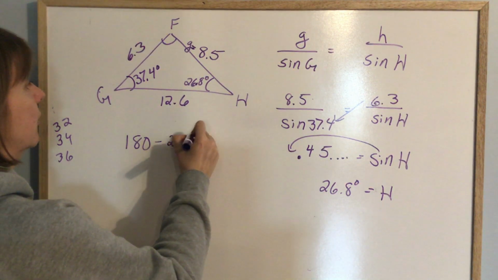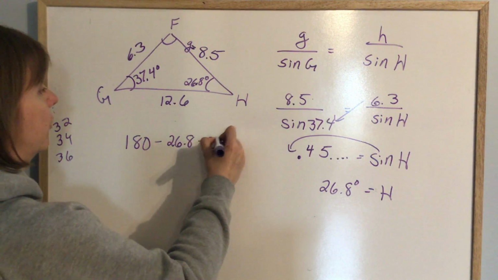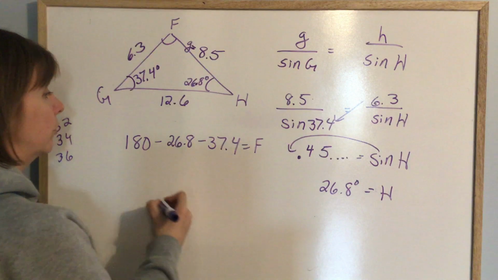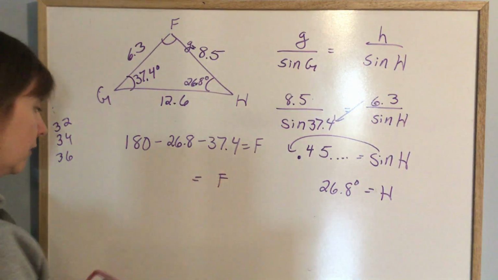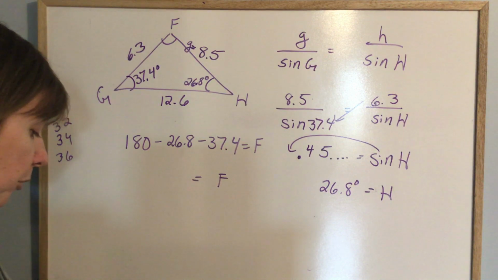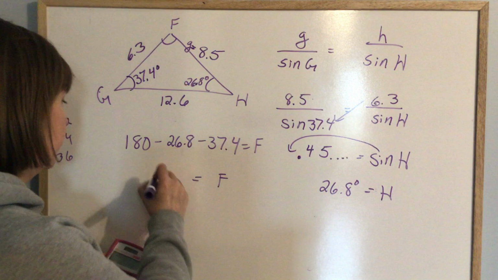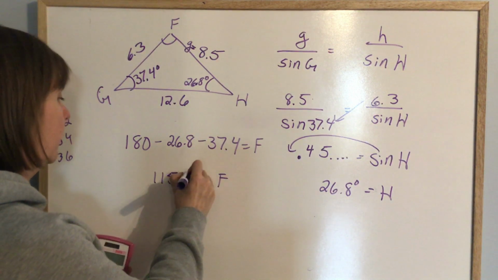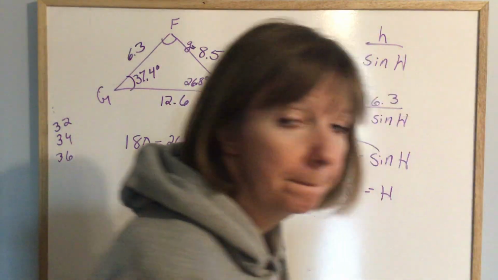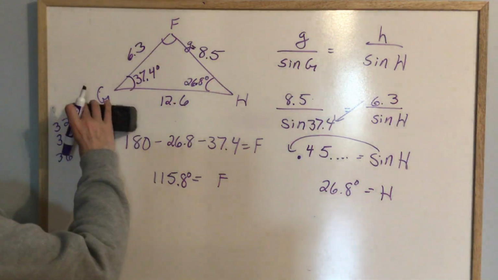I have 26.8 for H. I have 37.4 for G. That will leave me with what F is. So 180 minus 26.8 minus 37.4, that is 115.8 degrees. That's what F should be. All right, that was 32.